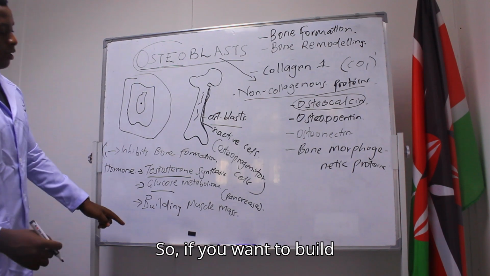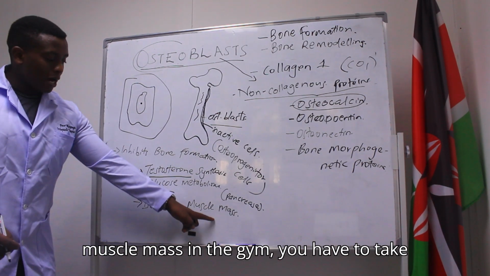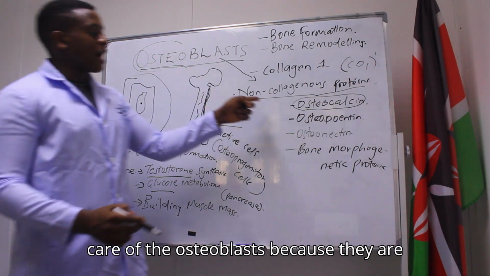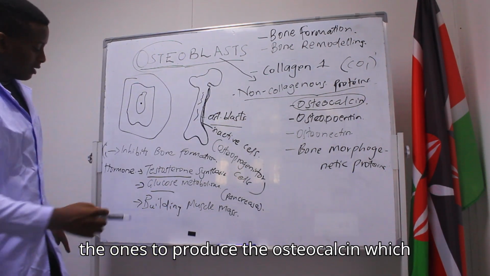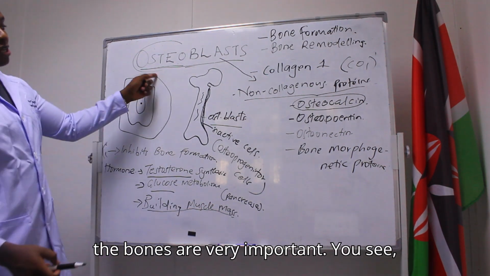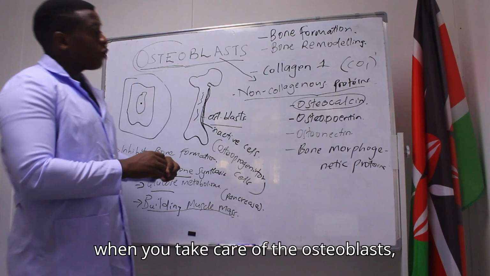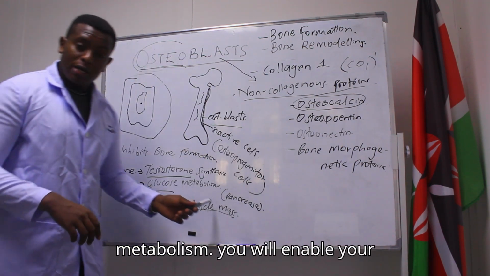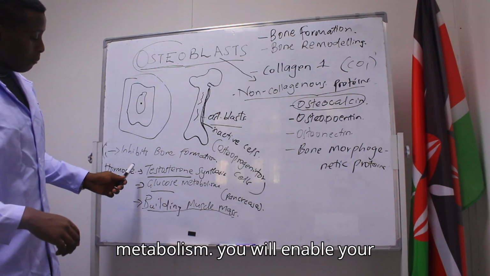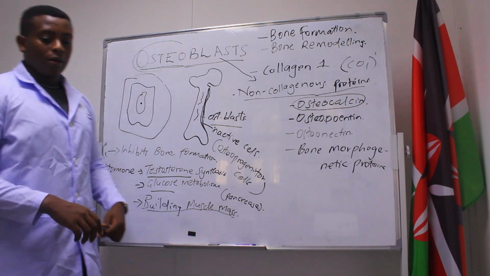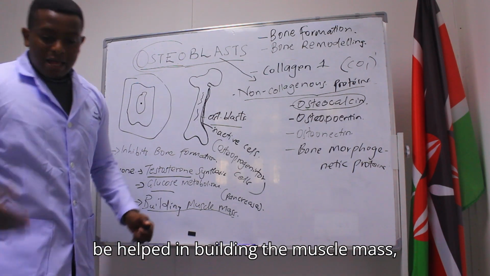So if you want to build muscle mass in the gym, you have to take care of the osteoblasts, because they are the ones that produce the osteocalcin, which enables one to build muscle mass. When you take care of the osteoblasts, you take care of glucose metabolism, you enable your testosterone synthesis, and you are helped in building muscle mass.